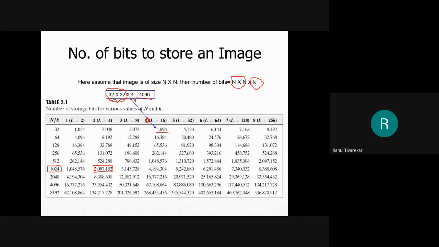How much is it? Almost 2 GB, somewhere close to that, right? And if I use 3 bits to represent the same image, the storage requirement suddenly changes to almost 3.14 GB.